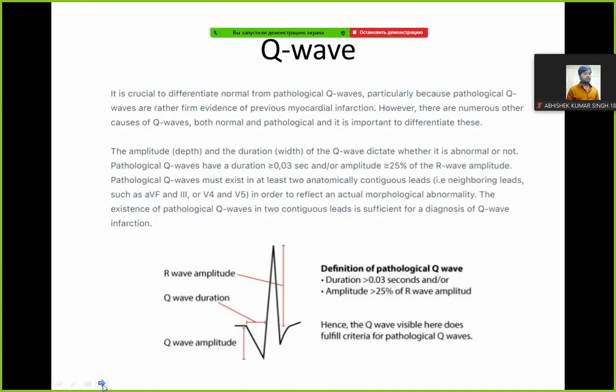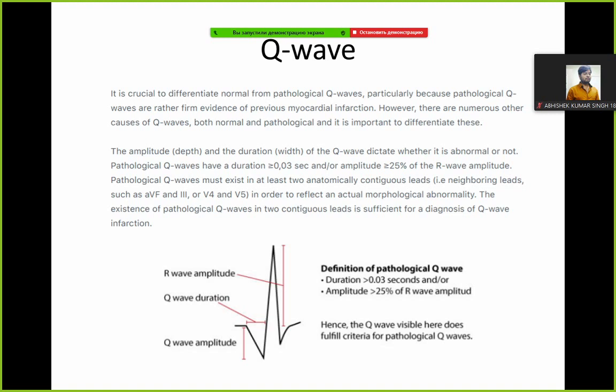Q wave. It is crucial to differentiate normal from pathological Q waves, particularly because pathological Q waves are rather firm evidence of previous myocardial infarction. However, there are numerous other causes of Q waves, both normal and pathological, and it is important to differentiate these.